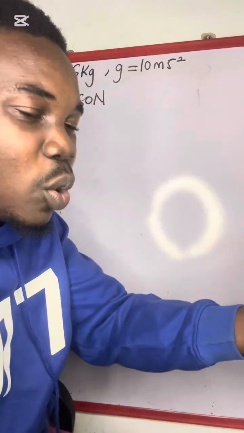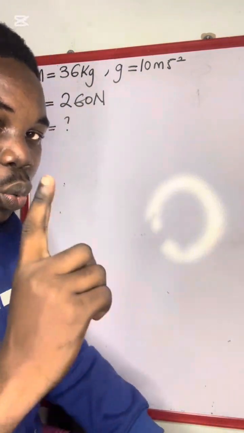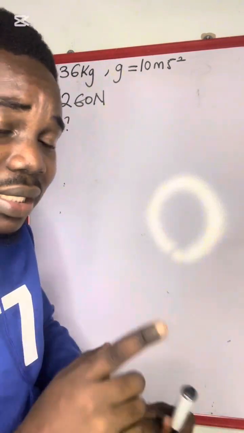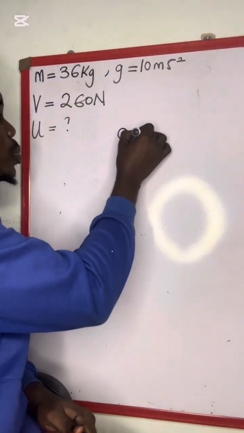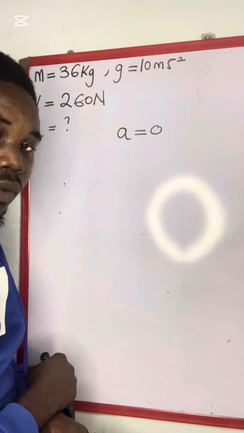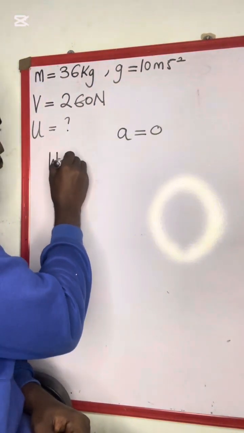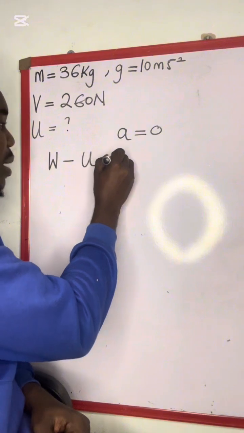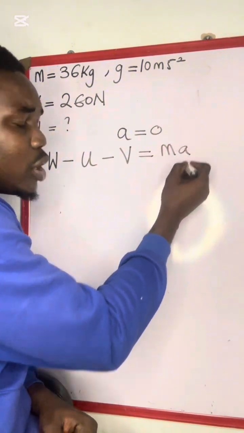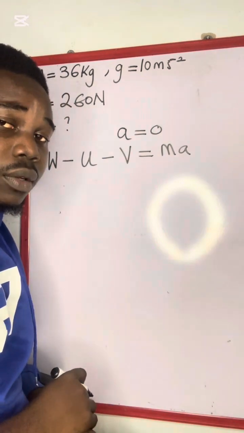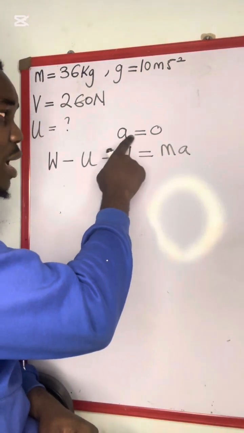Now, take note, they said terminal velocity. Remember, we said at terminal velocity, your acceleration must be equal to 0. Recall, weight minus upthrust minus viscous force equals ma when you are falling through a liquid. But because it is terminal velocity, a becomes 0.